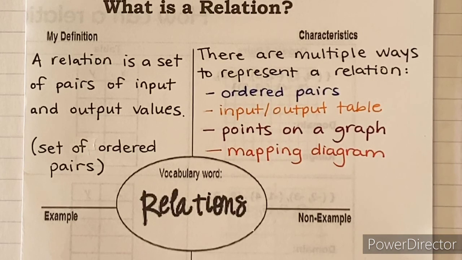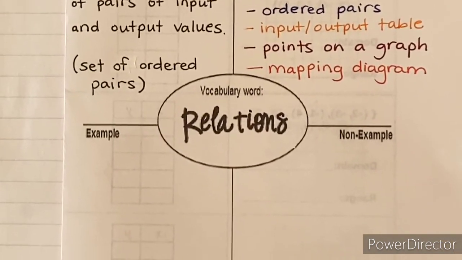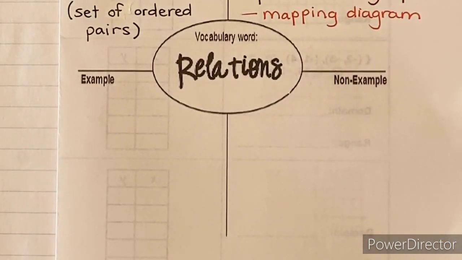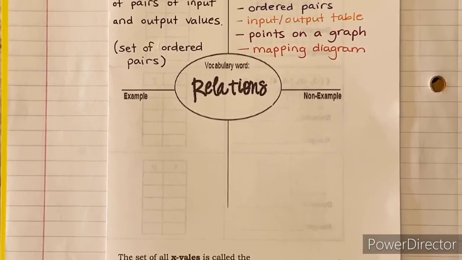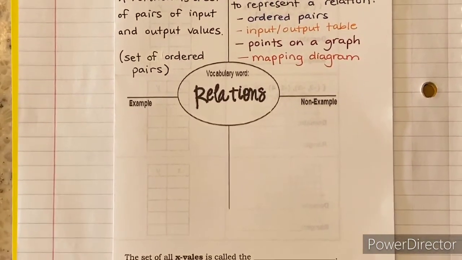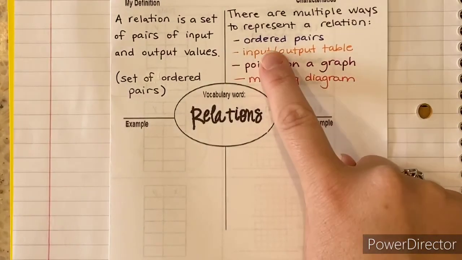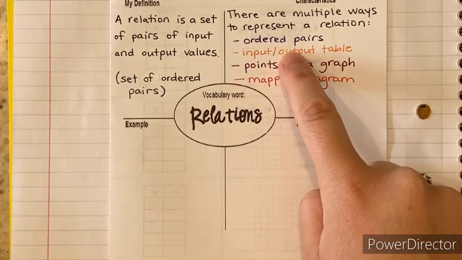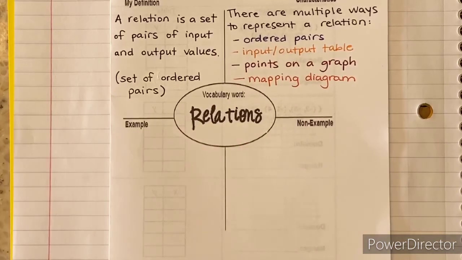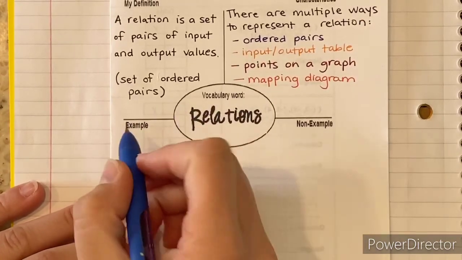Okay? So now I want to talk about some examples. Let me zoom out for a second. Some examples. So we're going to just take a couple of these. I'll start with the ordered pairs and we'll write out an example that looks like that.